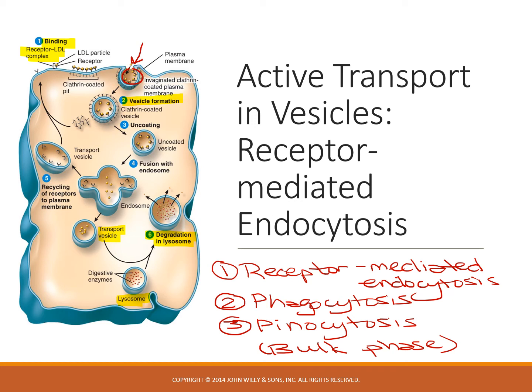Once we have that digested material, the smaller proteins, chemicals and molecules, all broken down into smaller bits, then the cell can use that, and these proteins and enzymes and molecules are all going to go other places in the cell wherever they're needed. So that is receptor-mediated endocytosis. Those byproducts are going to be used for creating energy or for use wherever it's needed in the cell.